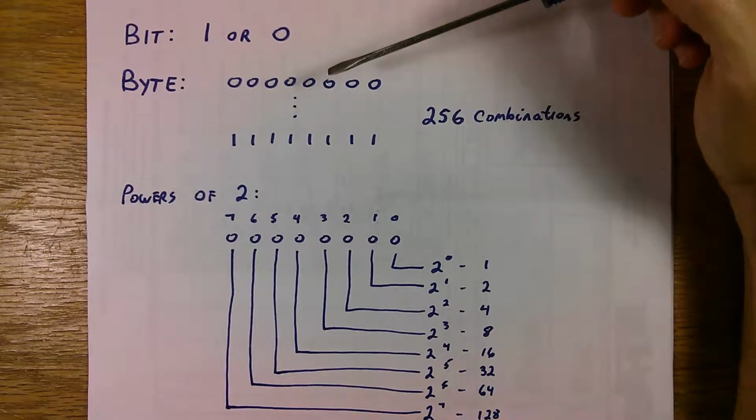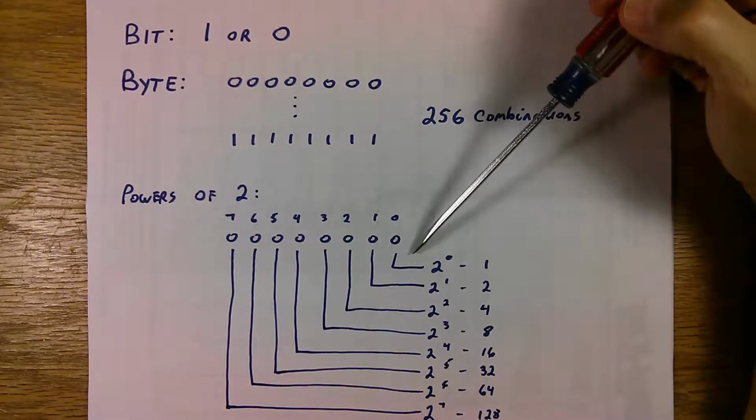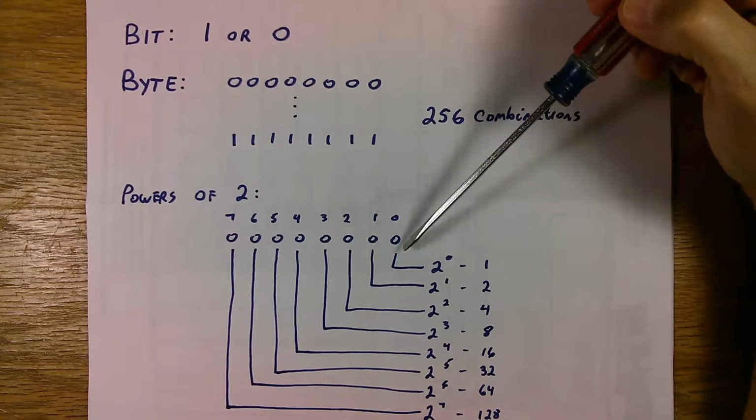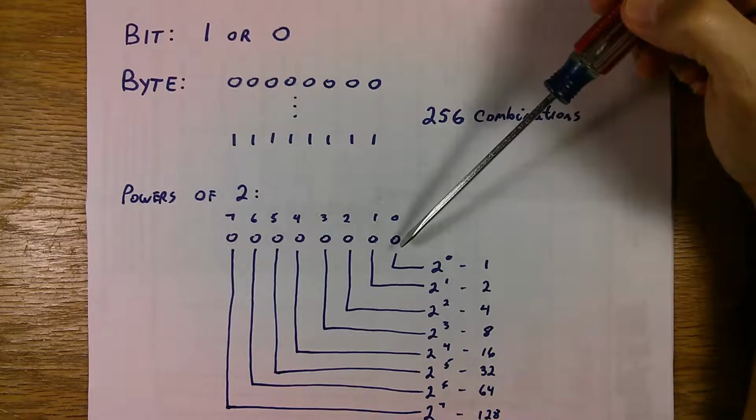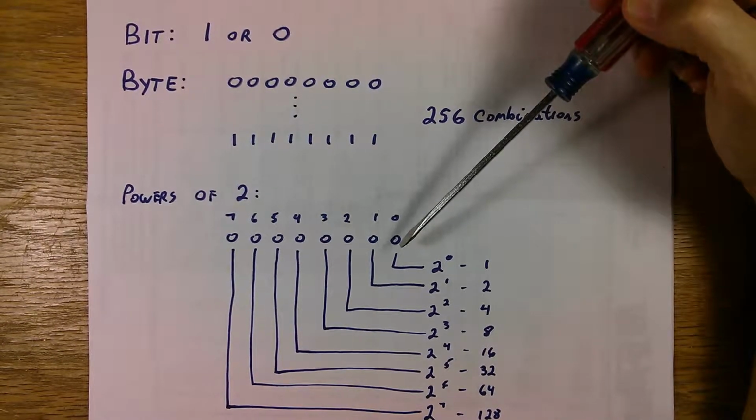If you define an int, that is 16 bits. And a long is 32 bits, 4 bytes together. So with a long, that's 2 to the 32nd power, and that is quite a large number. You can go work it out on your calculator.